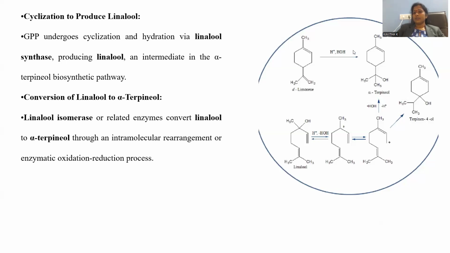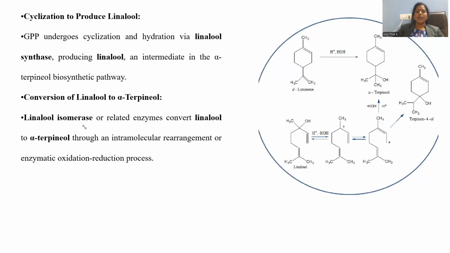Ultimately, there is a possibility to generate alpha terpineol as the final product we are expecting, right? Along with this alpha terpineol, there is a provision to get this terpinen-4-ol also, but to the maximum extent this is the possibility, because let me explain why. Whenever this double bond moves toward this side, the tertiary carbocation will be more stable. That's the reason why alpha terpineol formation is the major product.